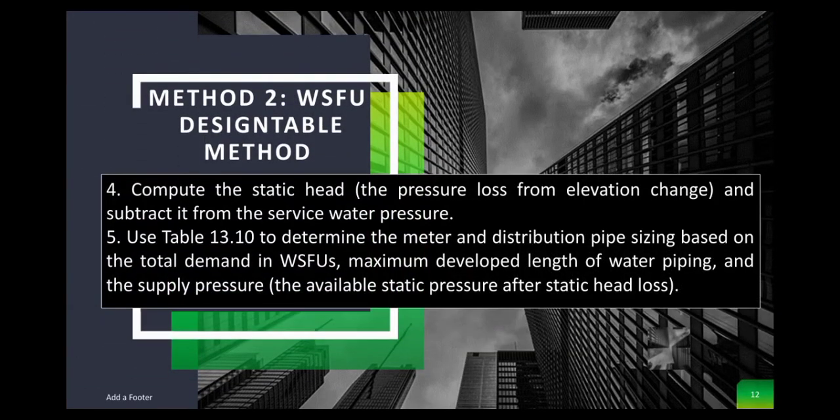Next, compute the static head and subtract it from the service water pressure. Then, use table 13.10 to determine the water meter and distribution pipe sizing based on the total demand in WSFUs, maximum developed length of water piping, and the supply pressure.